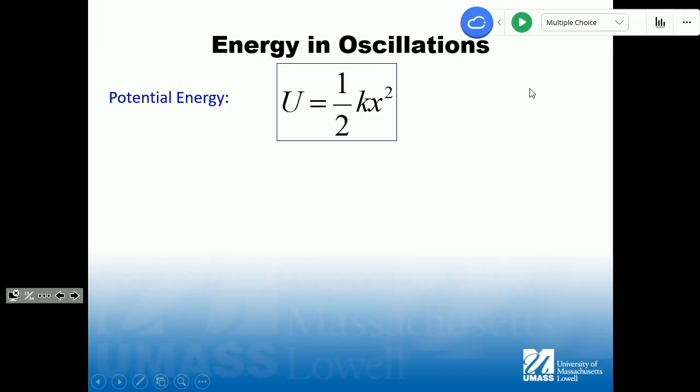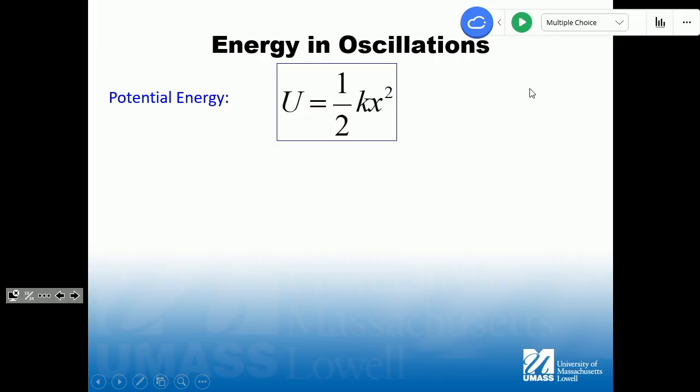Everyone following me so far? So just like gravitational potential energy, which was the energy stored in the gravitational setup of a system, like something at a height that can fall, similarly, a stretched or compressed spring stores a certain amount of energy. The amount of energy stored depends on how much that spring is stretched or compressed.